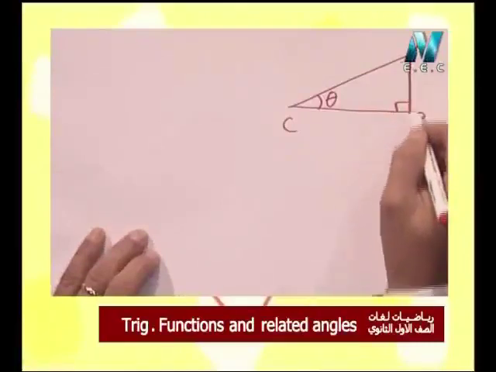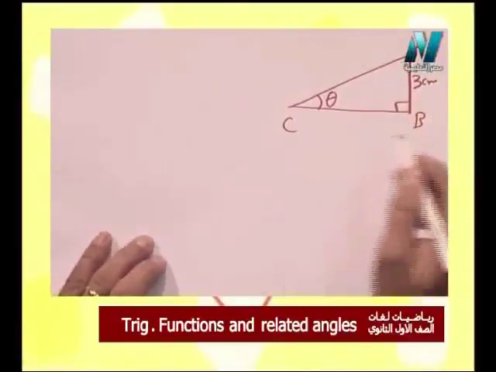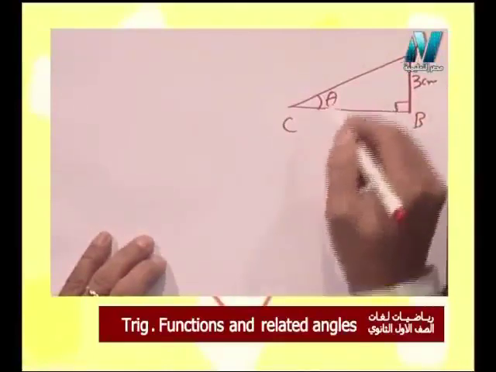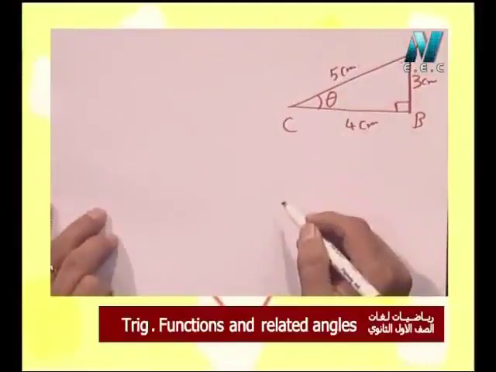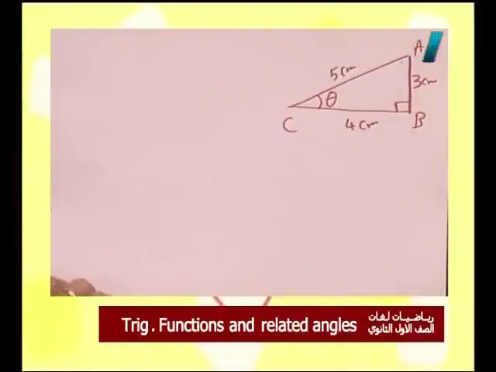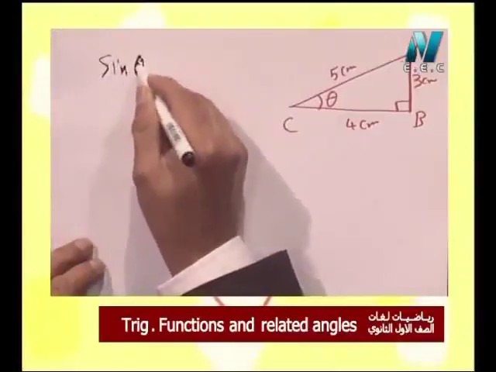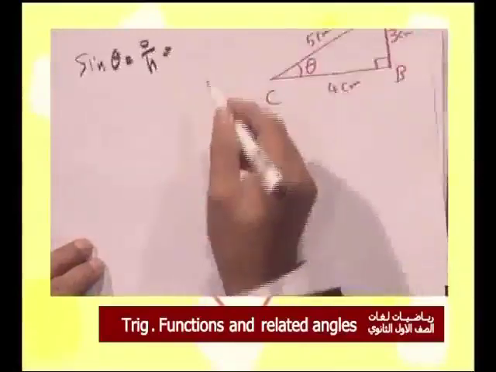We have AB equals 3 centimeters, CB equals 4 centimeters, and AC equals 5 centimeters. We would like to find out all trig functions here. Sine theta, which is opposite over hypotenuse, equals 3 over 5.